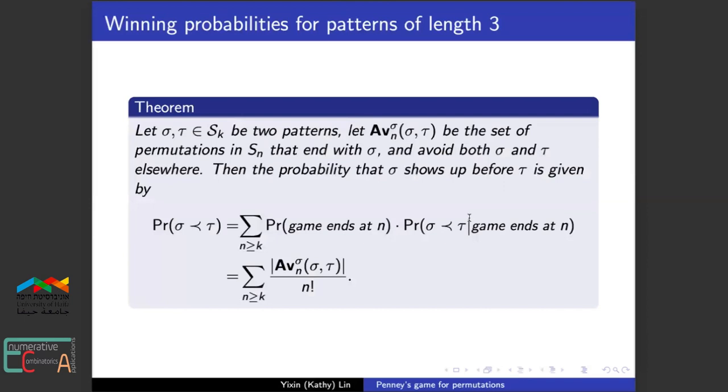Just to remind you that we'll use this formula to compute the 6 probabilities. All we care about is the size of the set of permutations that end with sigma and avoid both sigma and tau elsewhere.